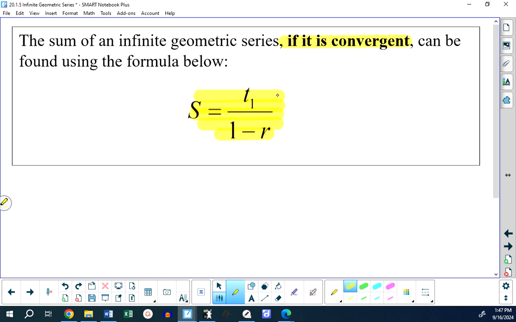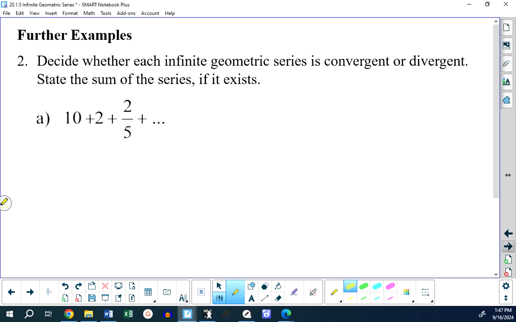So, how many of you suspect that this will be convergent? What is it about this that tells you it's going to be convergent? Who wants to stick their neck out on that?